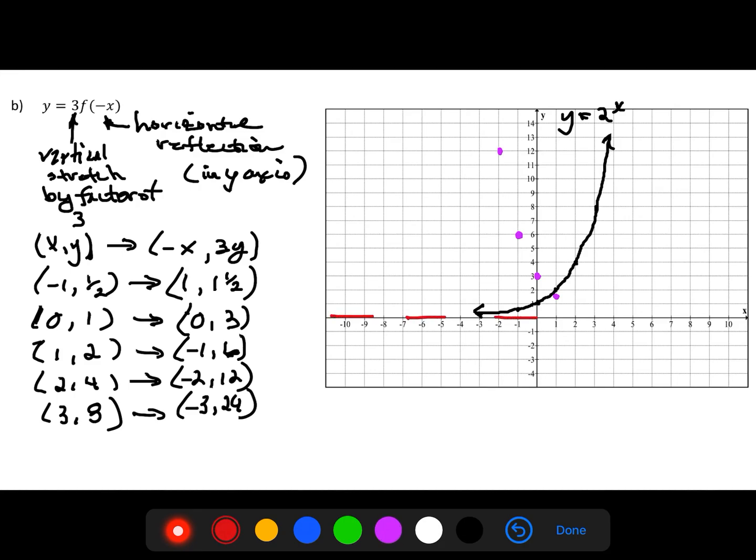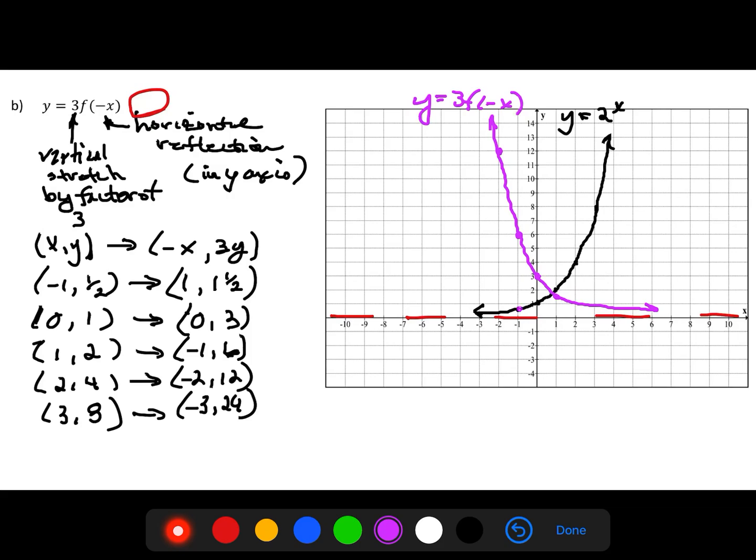So we can see that, first of all, our asymptote of y equals 0 hasn't changed. There's nothing at the end here to change or shift that, so it still stays that way. And our graph is going to approach that asymptote. So we're still going to get closer and closer. We just know that we have a stretch and a reflection, meaning that we have our graph of our transformation.